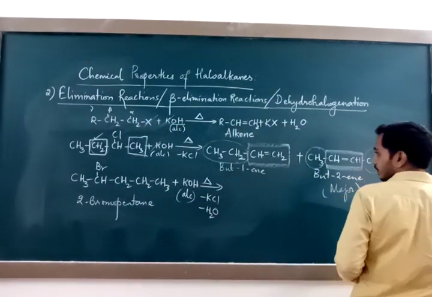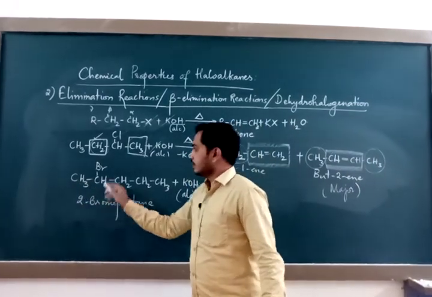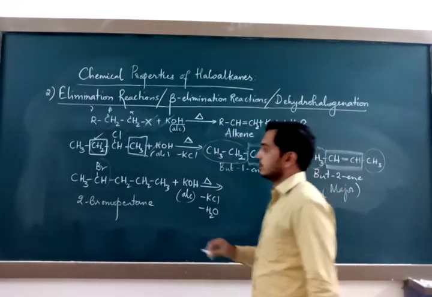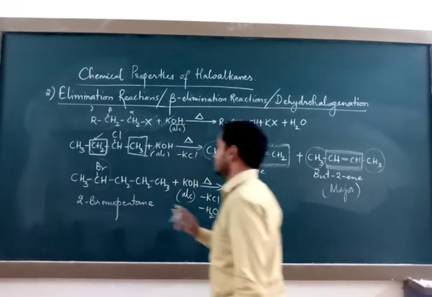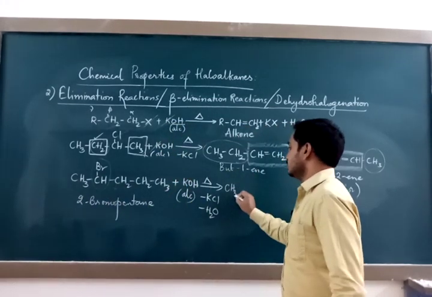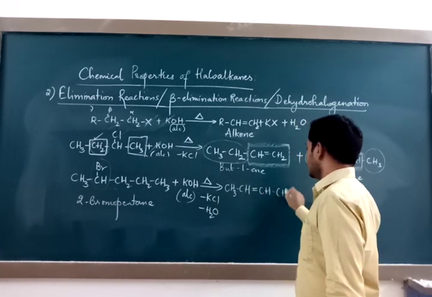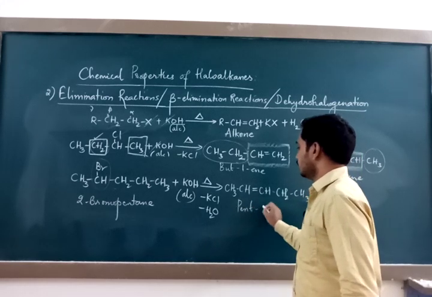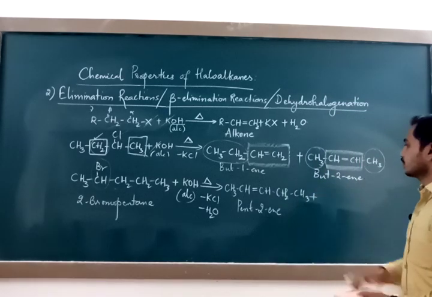One is, you can remove hydrogen from here or from here. From this carbon you will compulsorily remove halogen. After that you can remove hydrogen from here or from here. I will remove from here first. CH3, CH, double bond, CH, CH2, CH3, pent-2-ene, plus one more.